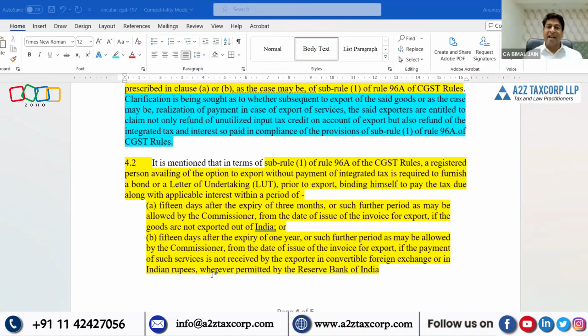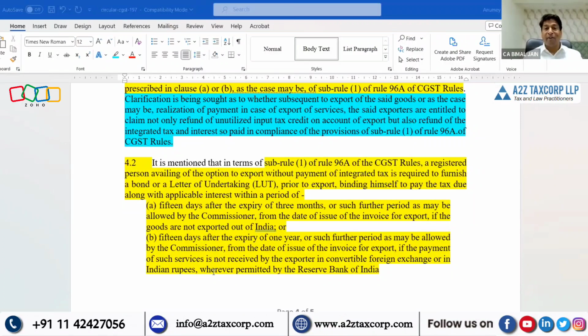Second, 15 days after expiry of 1 year or such further period as allowed by the commissioner for export of services. And you must receive money in convertible foreign exchange unless otherwise permitted by RBI. So this is what two propositions you may have paid IGST after this stipulated time period.